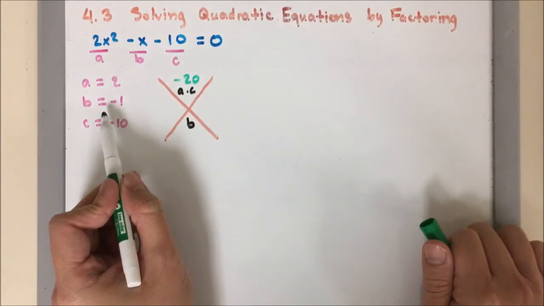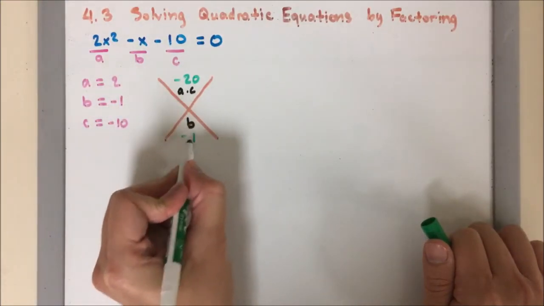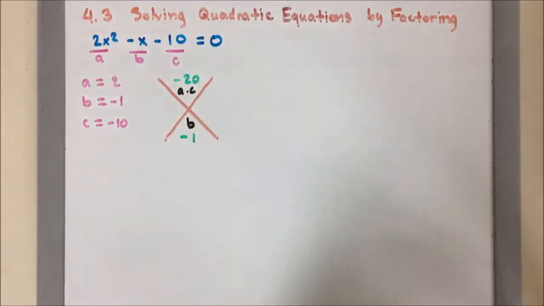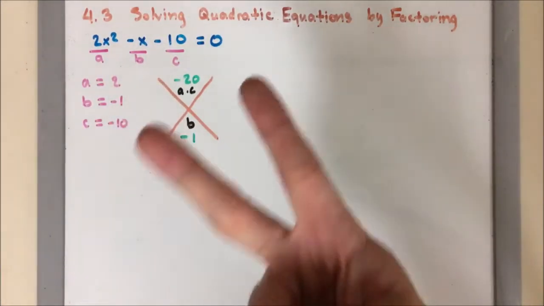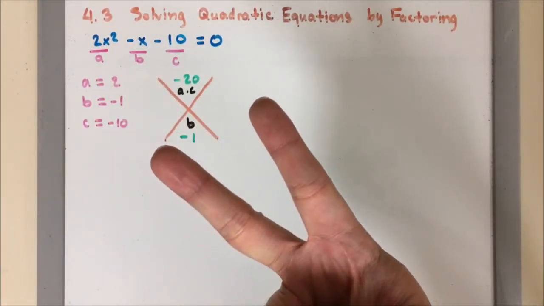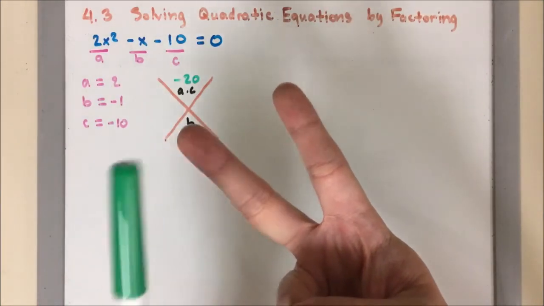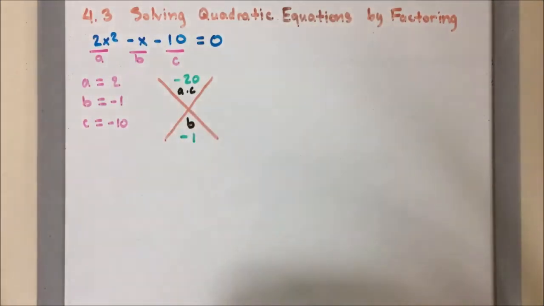And then for my B value, which is negative 1. So since I'm looking for factors of negative 20, remember, two numbers that multiply into negative 20, one has to be positive and one has to be negative. Make sure you remember that.